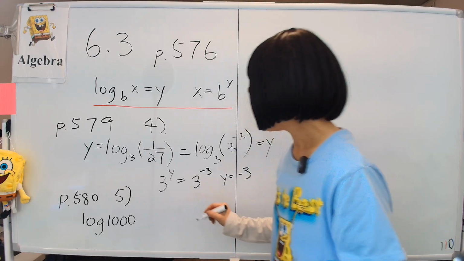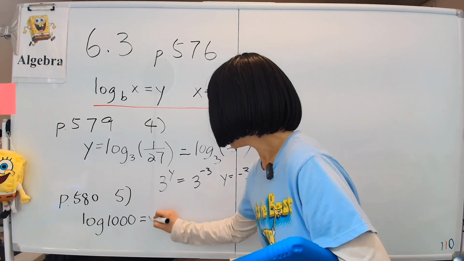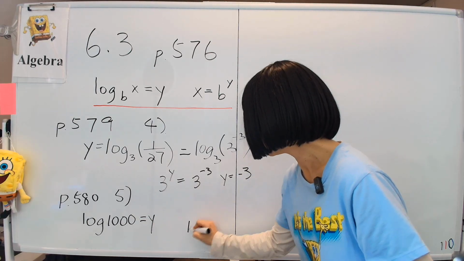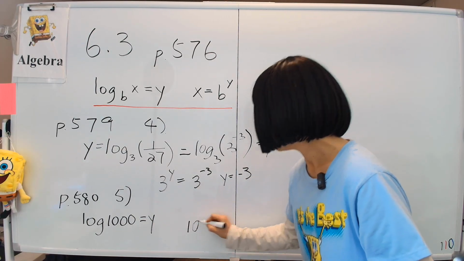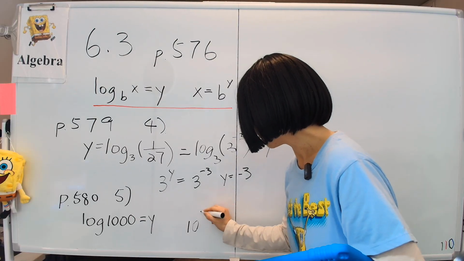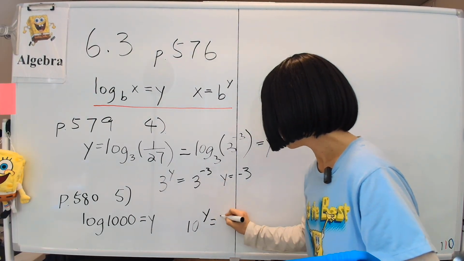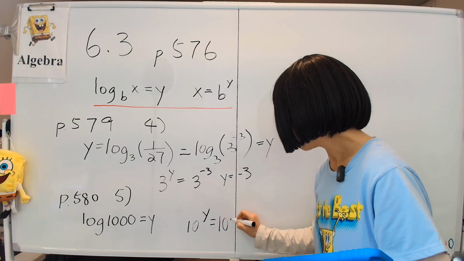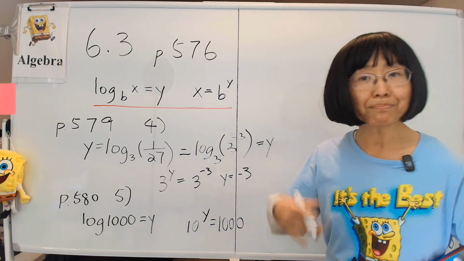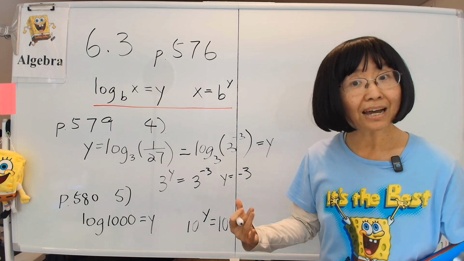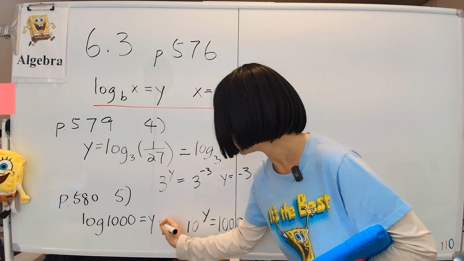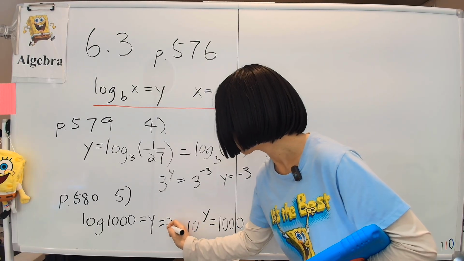In other words, we need to figure this equal to y. Following this formula, the base, which is 10 if it doesn't say, 10 to the what power y has to be equal to 1,000? 10 multiplied by itself how many times will be 1,000? The answer is 3, because 10 times 10 times 10 equals 1,000.